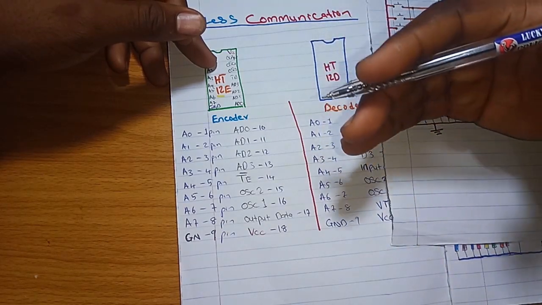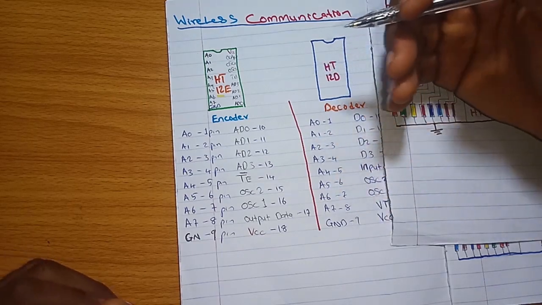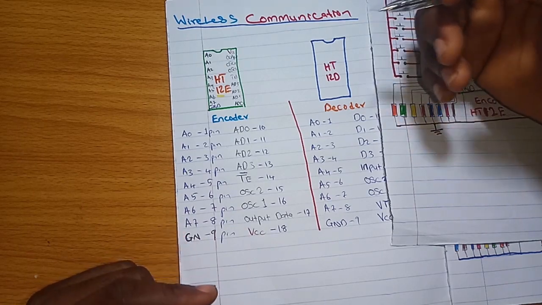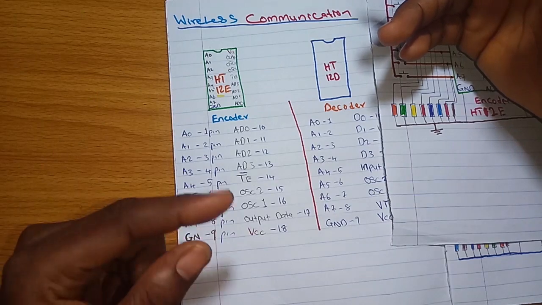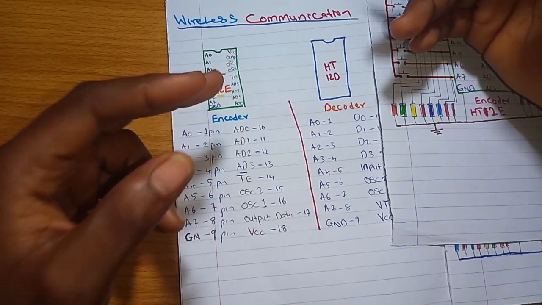So in order to deliver the package to the right person, you need the address of that person. If you miss the address, that means you are giving the package to the wrong person.